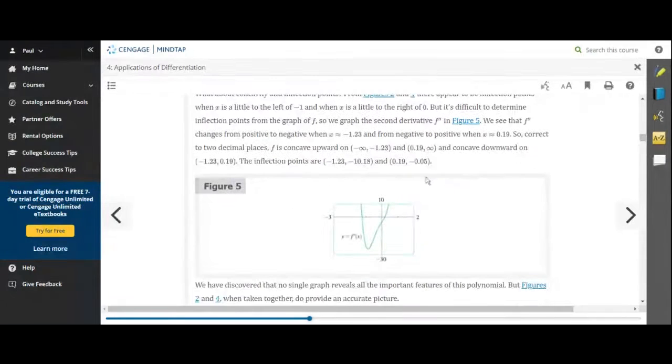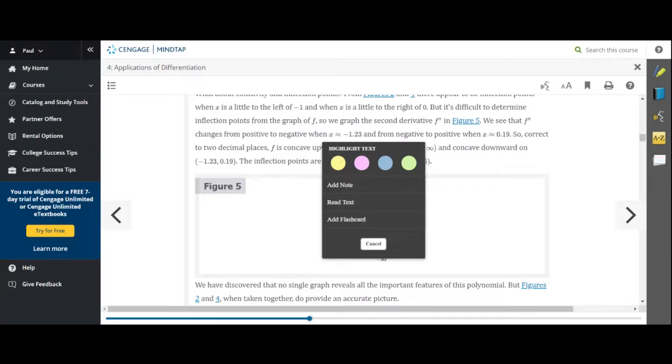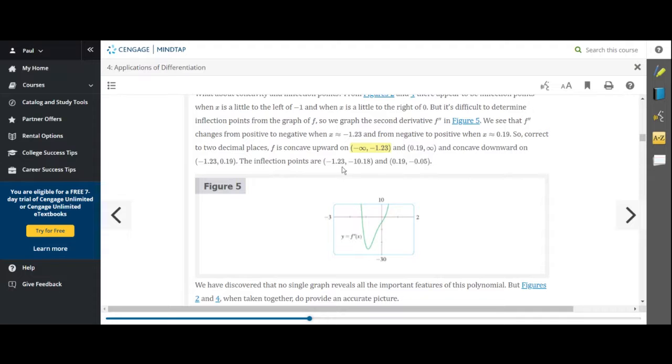And similarly, you can look at the second derivative in figure 5. And based on the second derivative, you can figure out where the function is concave up or concave down. So the second derivative looks to be positive until about negative 1.23. So from negative infinity to negative 1.23, this function is concave up.